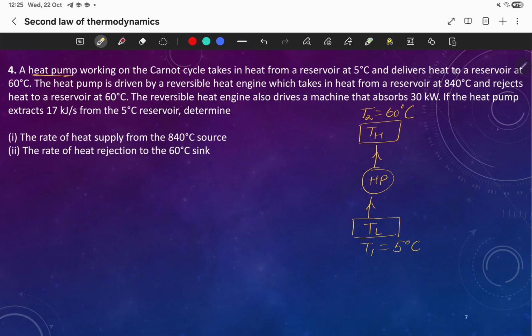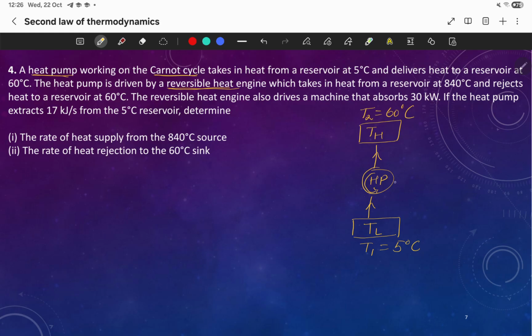The heat pump is driven by a reversible heat engine, and the Carnot cycle is a reversible cycle, right?